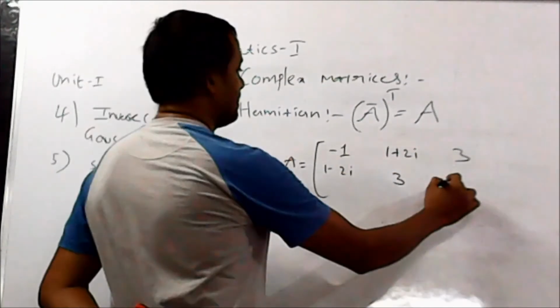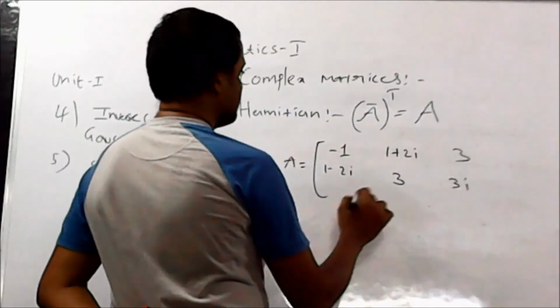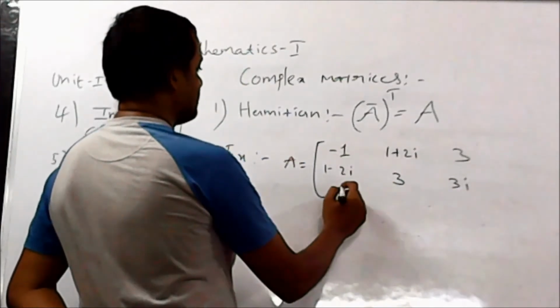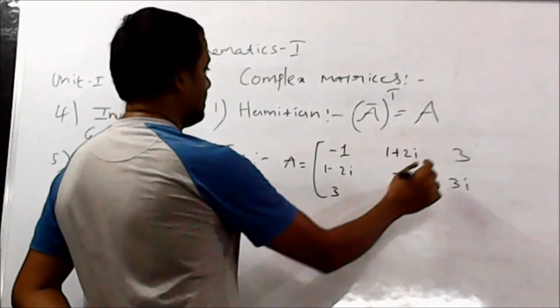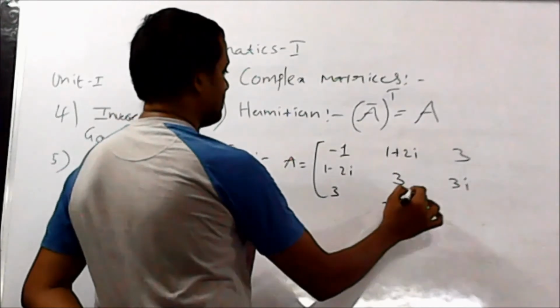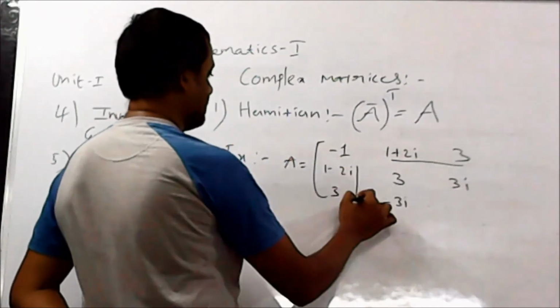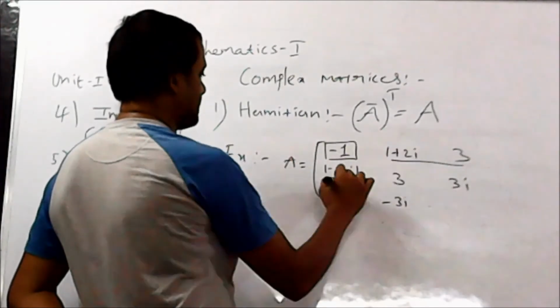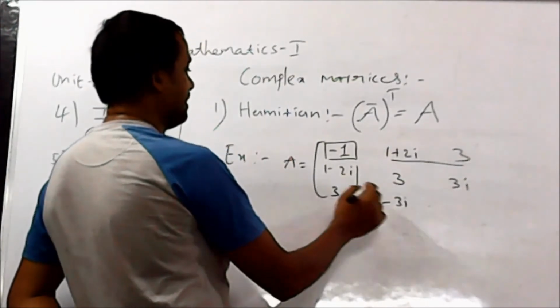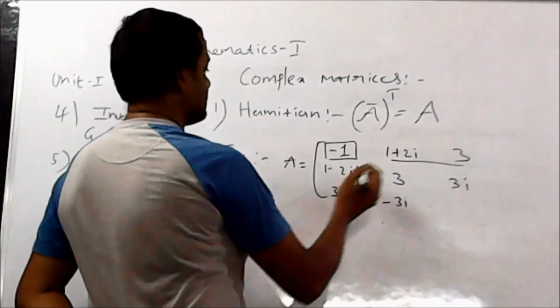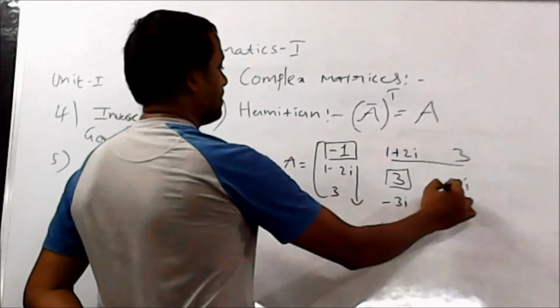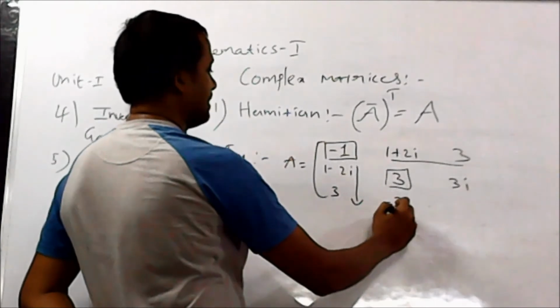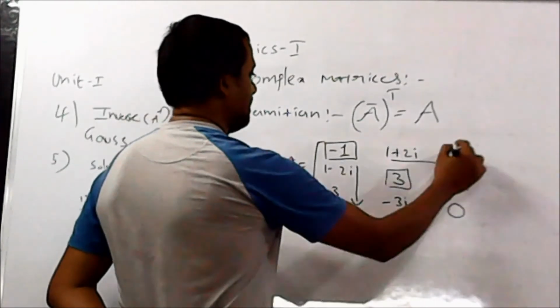Suppose you are writing here 3i, then conjugate means minus 3i. Whatever we write above the diagonal, the same thing we repeat below the diagonal, but with conjugate elements. 1 plus 2i will become 1 minus 2i. 3 means 3 only. Here we wrote 3i, so we need to write the conjugate of that element.